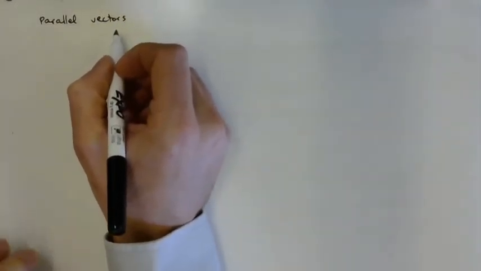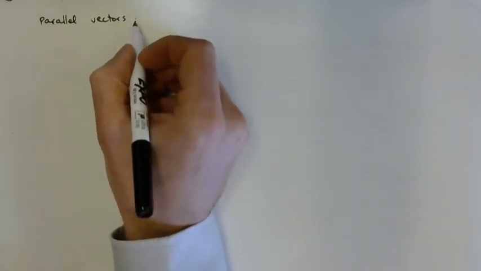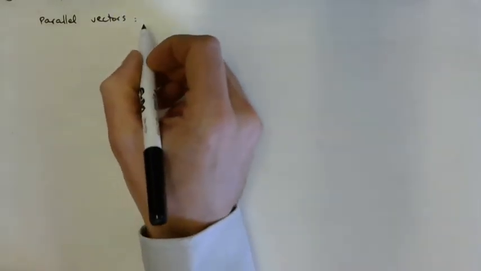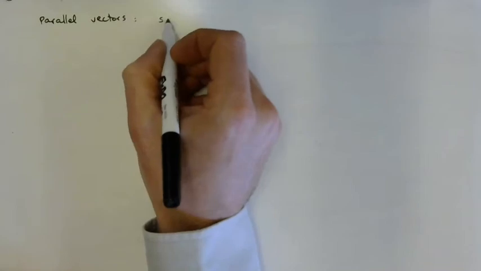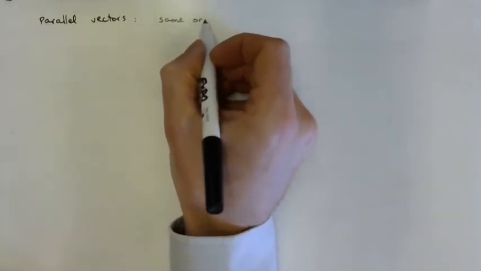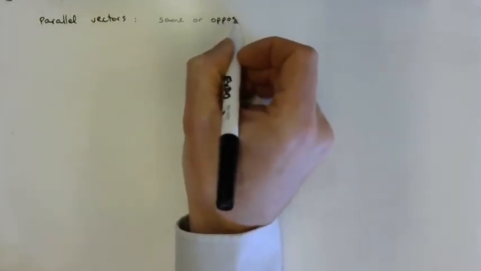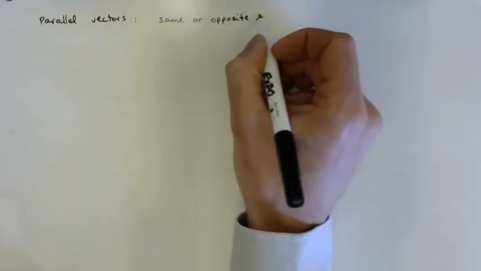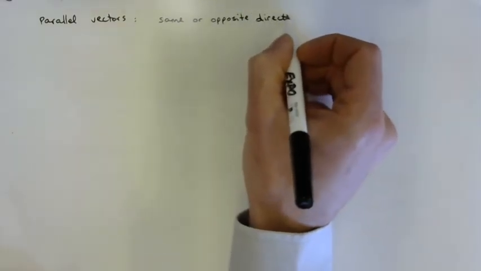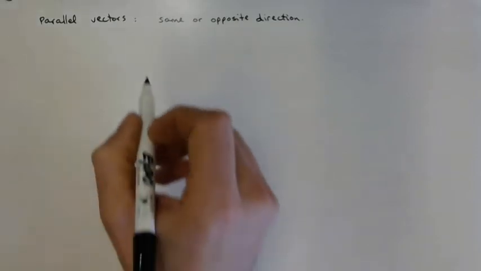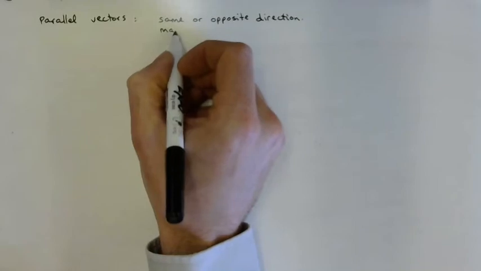You could probably write the definition yourself. Parallel vectors have same or opposite direction. Do you think magnitude matters? Nope.